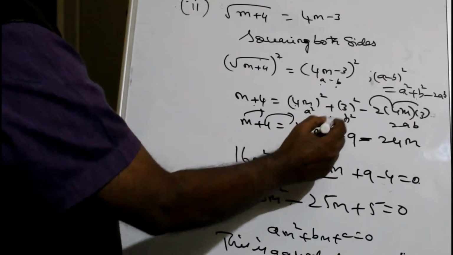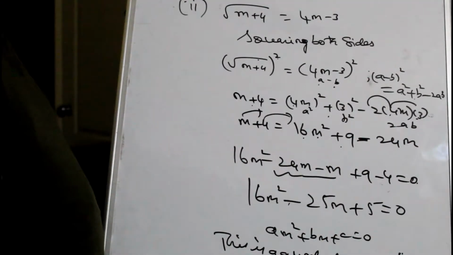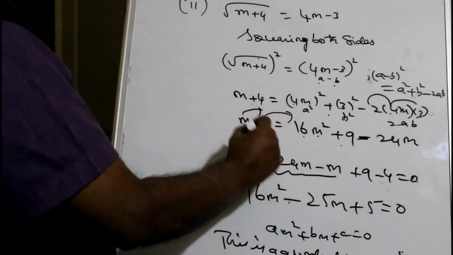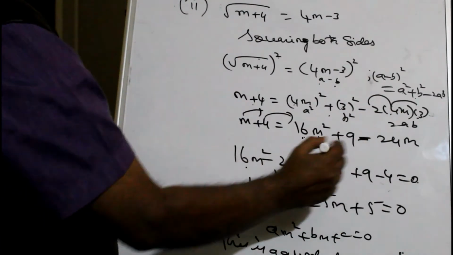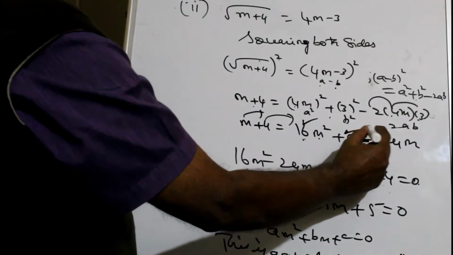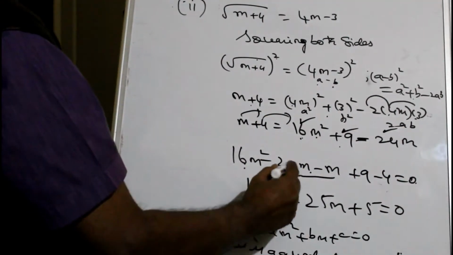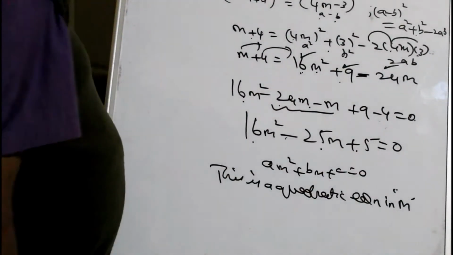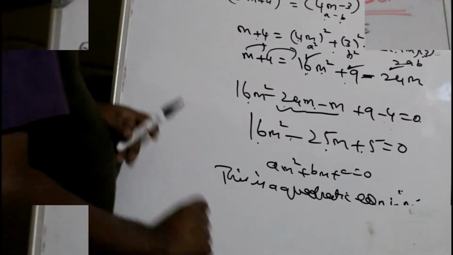You get 16m square plus 9 minus 24m. Take m plus 4 to that side and don't disturb the 16m square. So 16m square minus 25m plus 5 equal to 0. So this is a quadratic equation in m. We'll try the next sum.